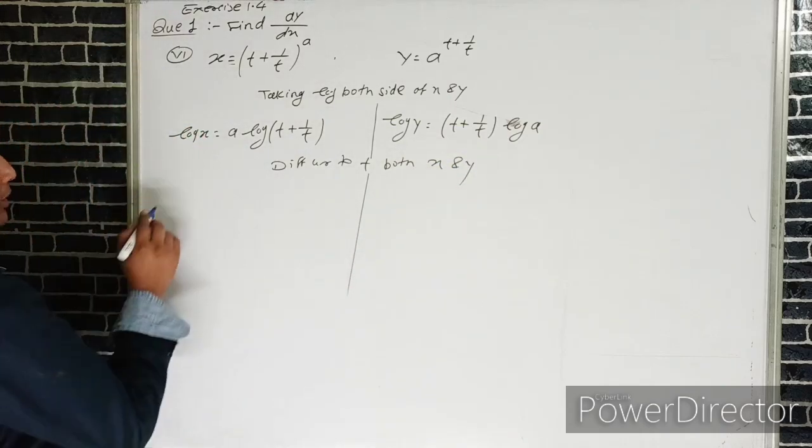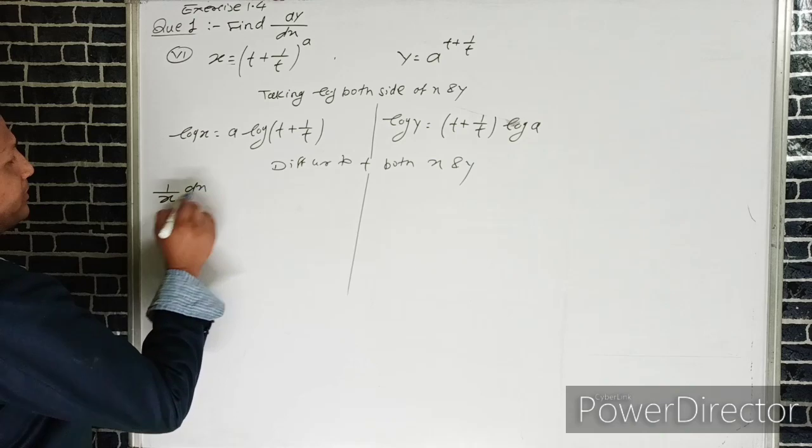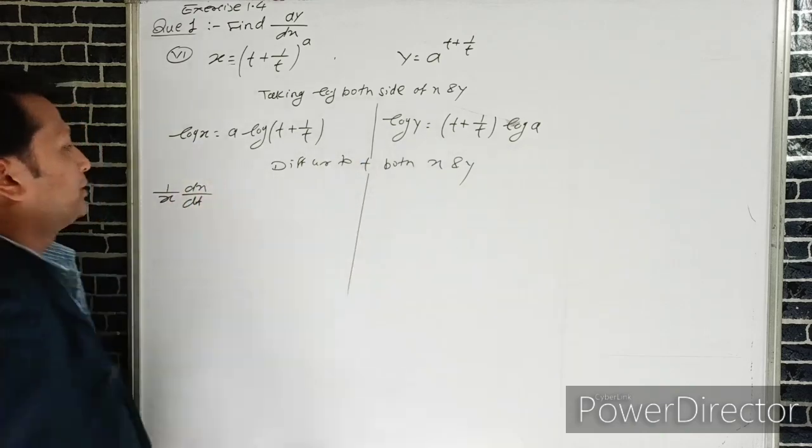Here the derivative of log x is (1/x) dx/dt, because the derivative is with respect to t.